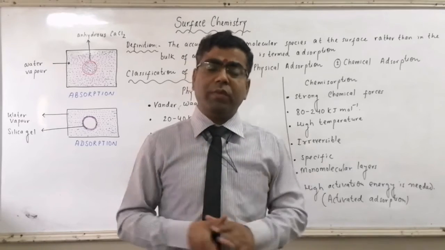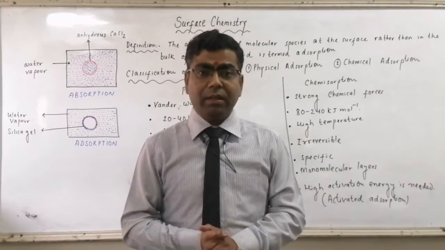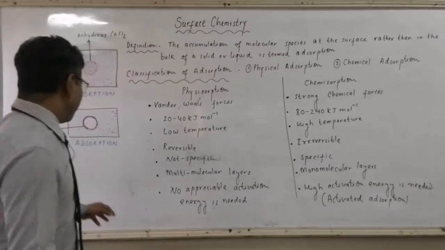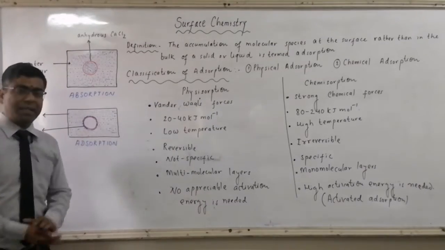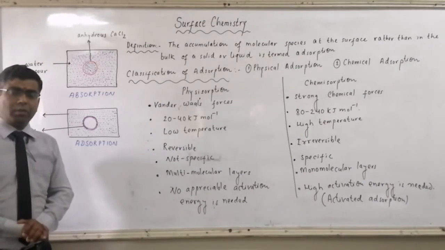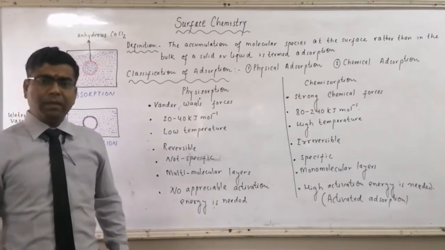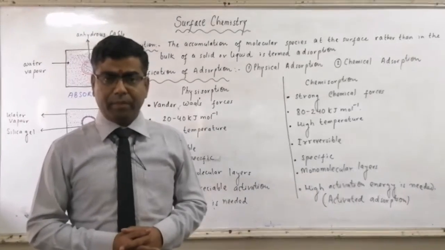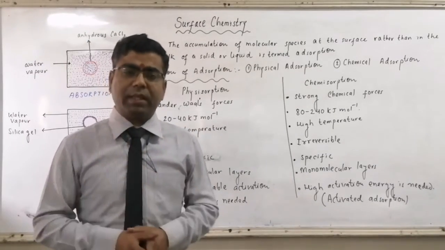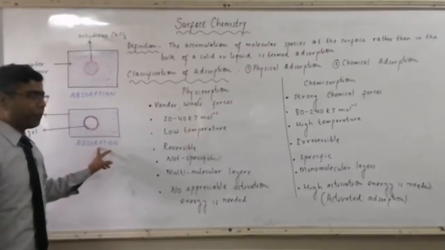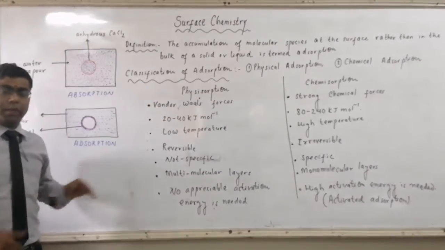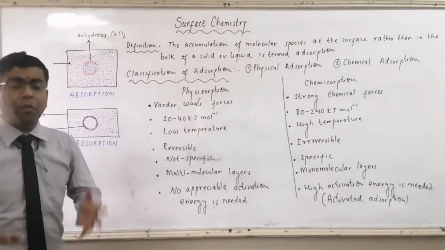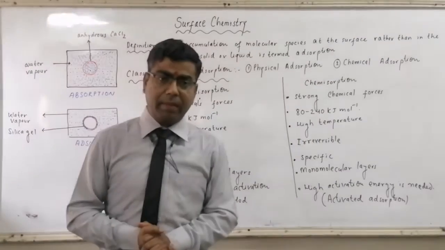No uniform distribution will be there inside the silica gel. The water vapor particles will remain on the surface of the silica gel. So when the process is limited to the surface only, then this process is called adsorption. So here we can say that silica gel is adsorbing water vapors.